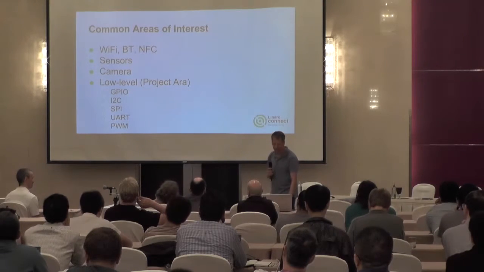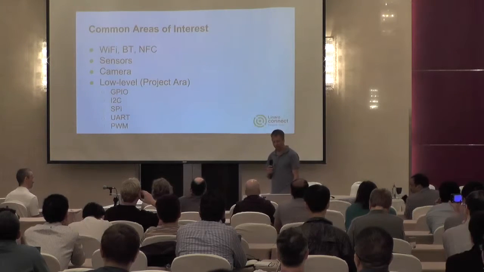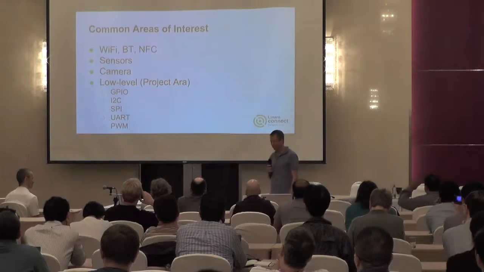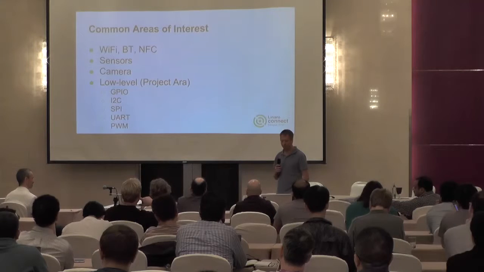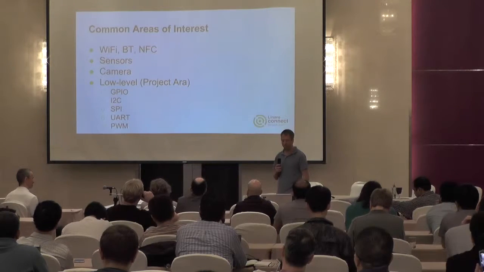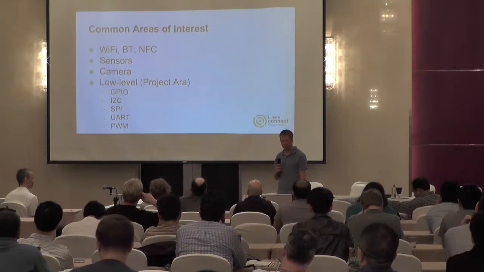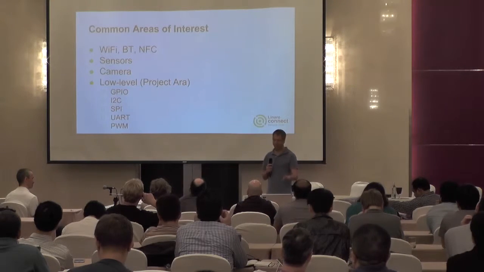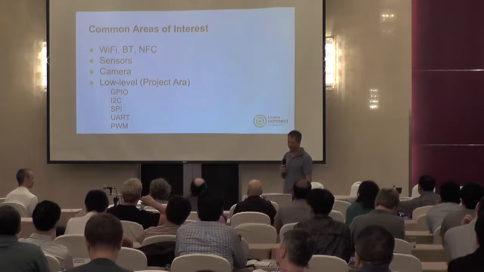So common areas of interest that I see: Wi-Fi, Bluetooth, NFC, sensors, camera, low-level access, GPIOs, I2C, SPI, UART, PWM. I forgot to mention, if you didn't know before, I was working on Android consolidation. I was on Project Ara, so I can talk to some about that.